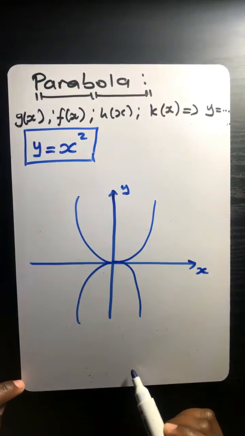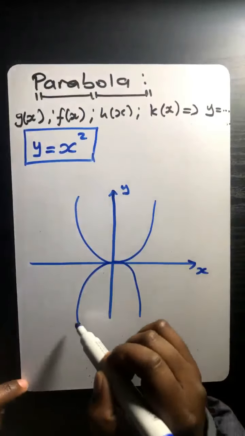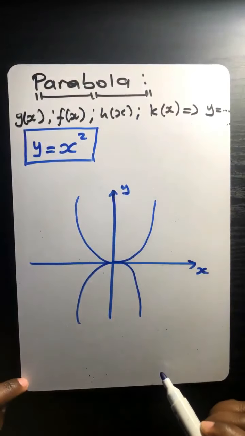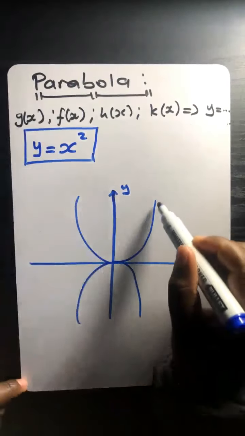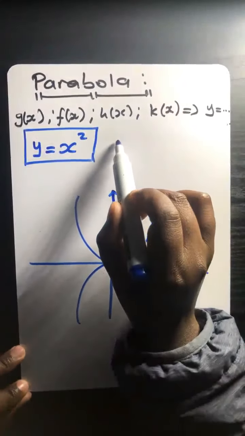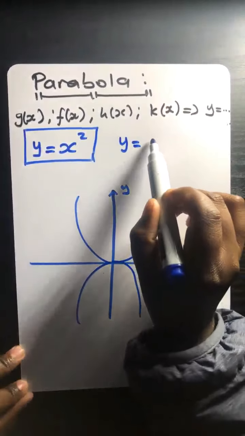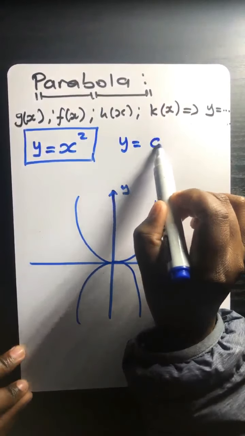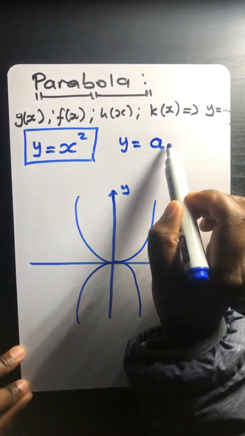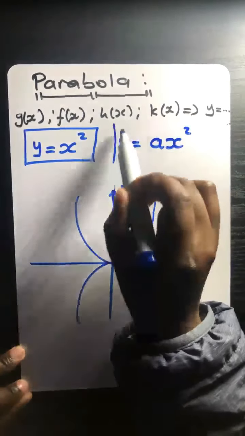So that means, ladies and gentlemen, for that one like that, and again for that one like that, there's something which makes it either like that or like that. So let's see what makes it look different. It's because of the a value. So that means we have y equals ax squared.